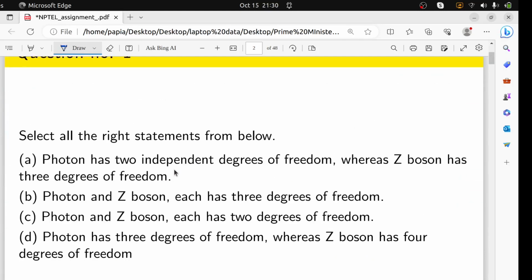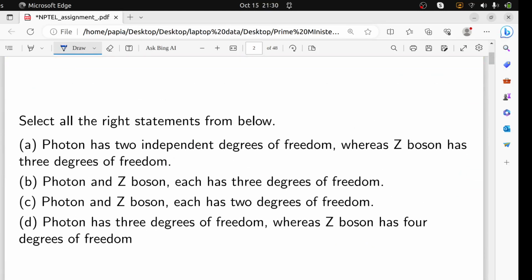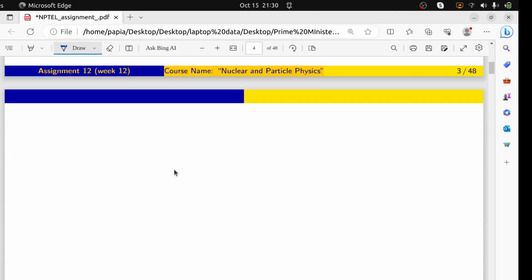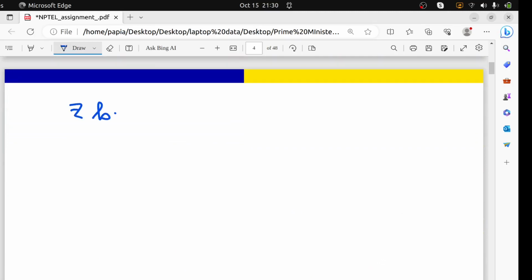Now coming to the Z boson. How many degrees of freedom does Z boson have? We all know that Z boson has a mass, and the mass is of the order of 90 GeV. So if it is a massive particle, then as I told you, it will have 3 degrees of freedom.